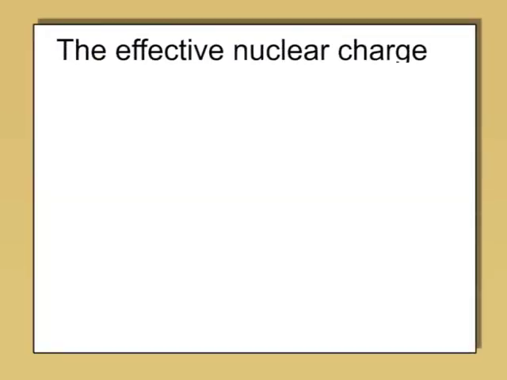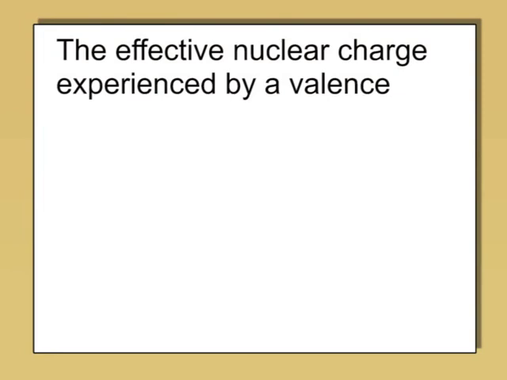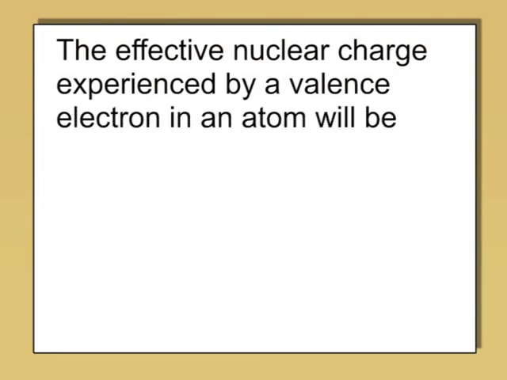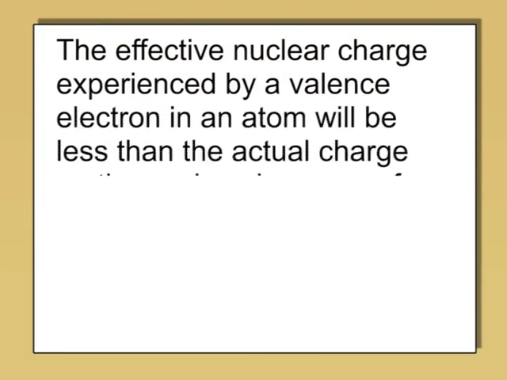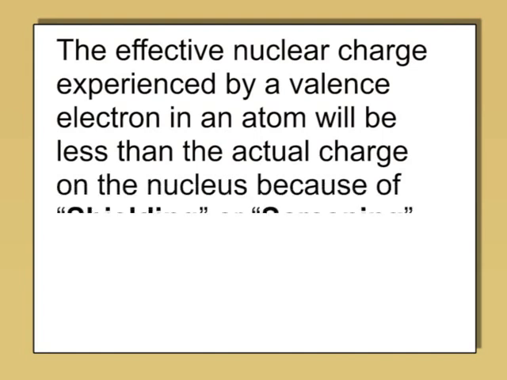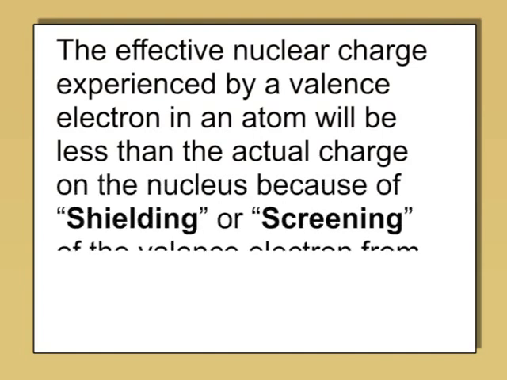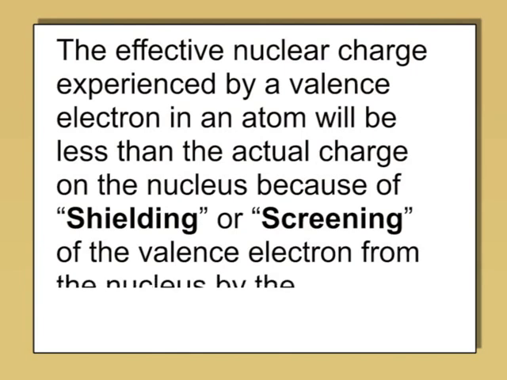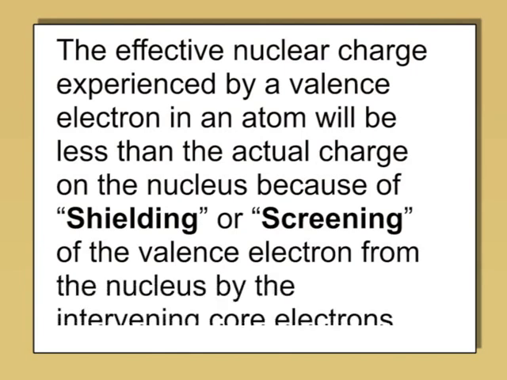The effective nuclear charge experienced by a valence electron in an atom will be less than the actual charge on the nucleus because of shielding or screening of the valence electrons from the nucleus by the intervening core electrons.